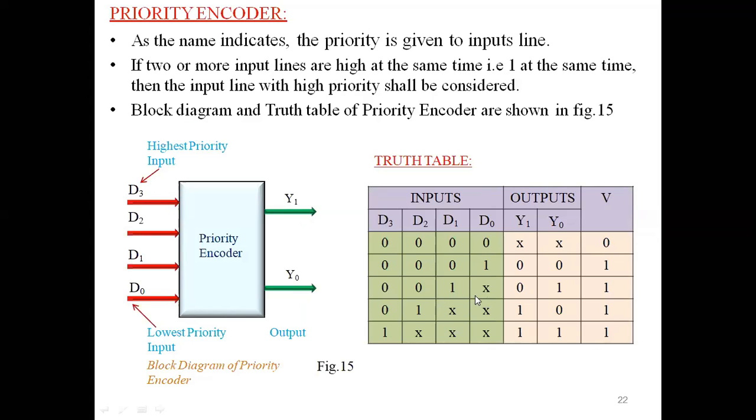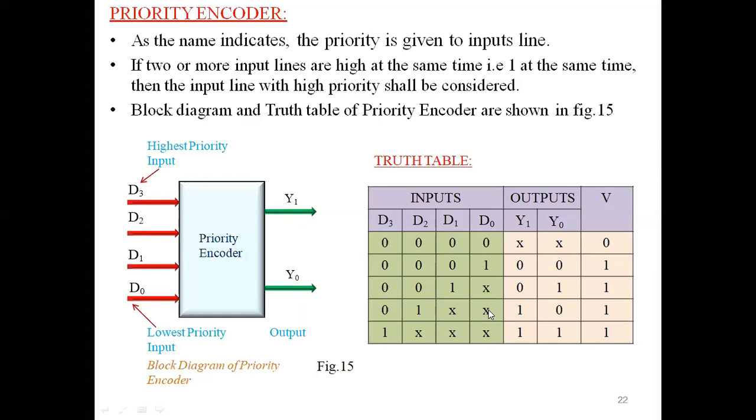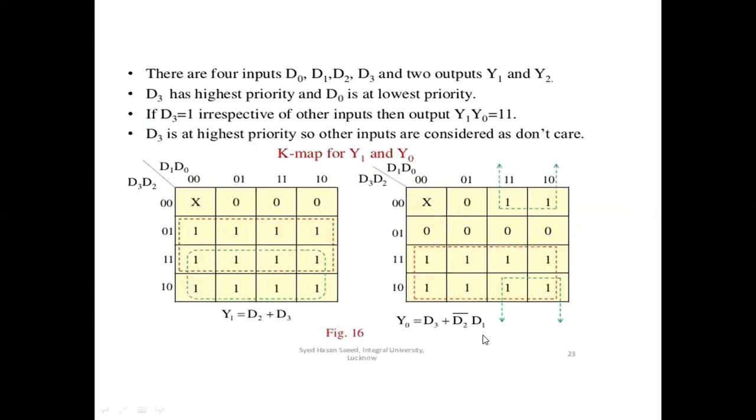Only one combination, that is 2 and 3, that is 1 0 1 1. Here 1 0 0, that is 4 5 6 7. Here 2 3, what are the values?